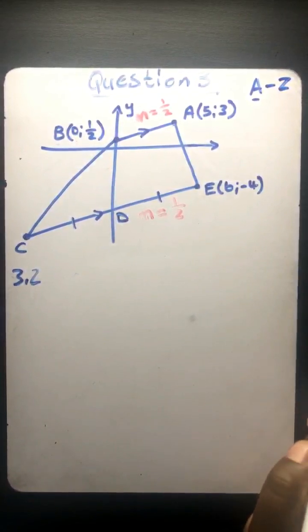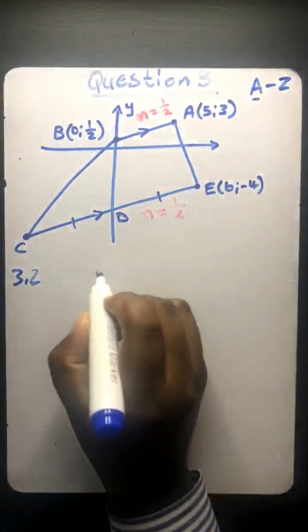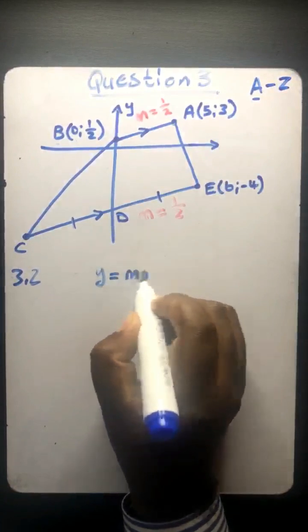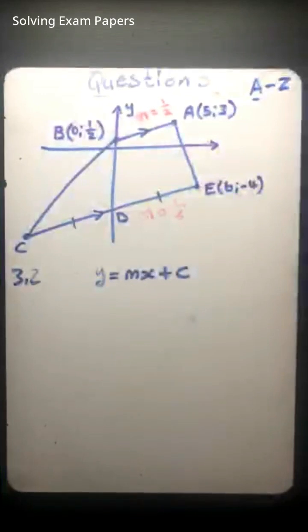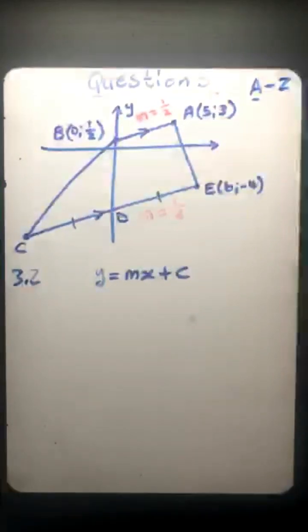So let's see. 3.2 says, determine the equation of CE in the form y equals mx plus c. So they have already given you a hint that you are determining an equation of a straight line. And what did I say regarding determining an equation of a straight line?